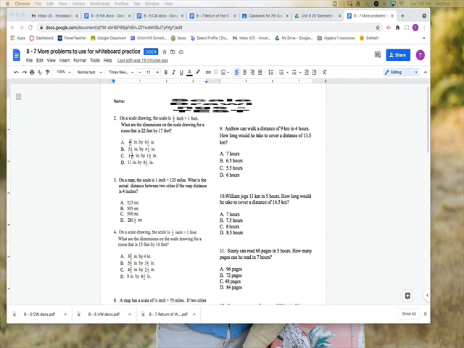Our unit rate per centimeter is 111. 30 is off the top. 30 times what gives you the same? Great. There you go.